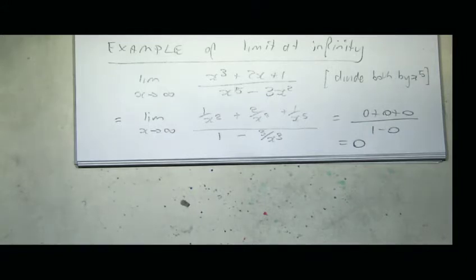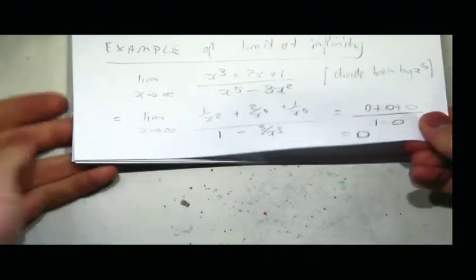So I get 0 over 1, which is 0. Of course, L'Hopital's rule would have worked too. L'Hopital's rule also works if the top and bottom are infinite when x is infinity. But this is quicker, at least in my head.